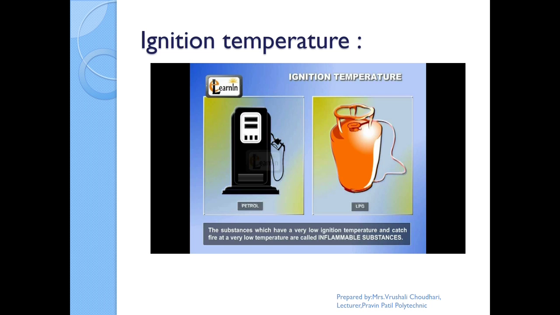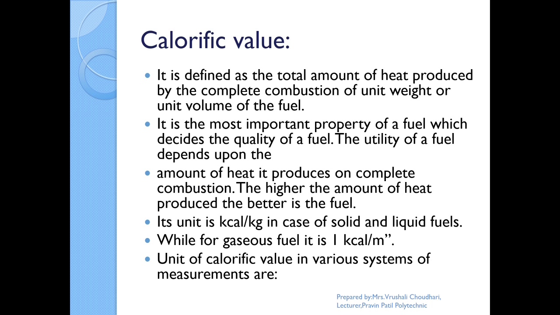One spark is sufficient to give a fire because the ignition temperature is low. But if we take a wooden piece, the ignition temperature is high. Within one spark it is not going to start burning, but LPG and petrol will burn within one spark. They are also called inflammable substances.